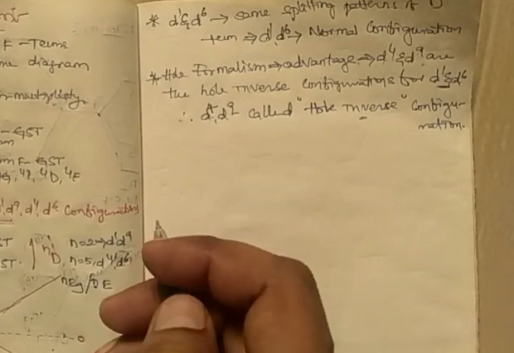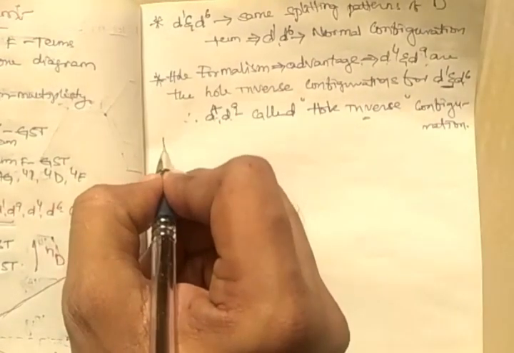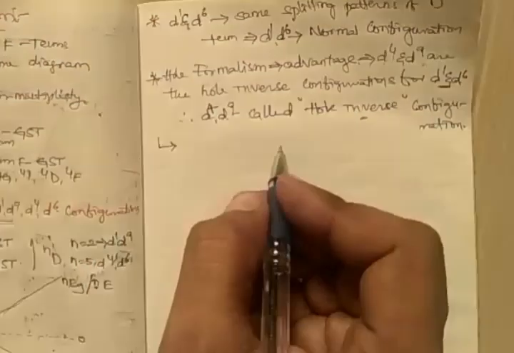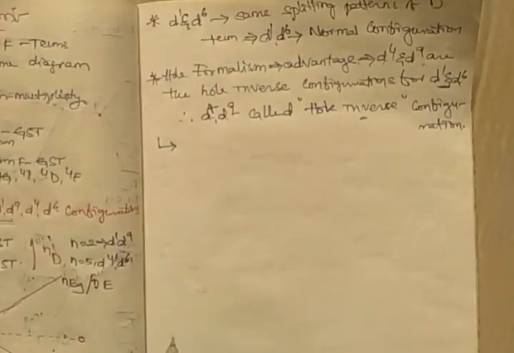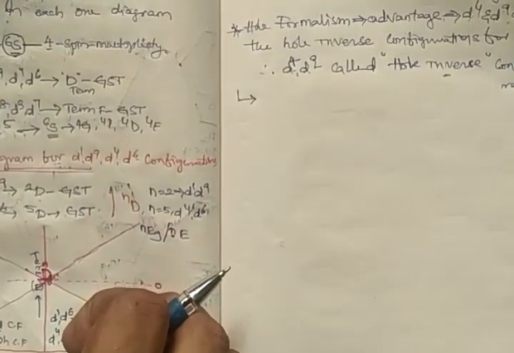So this is the first convenience we have seen: all the 8 diagrams are summarized in one pictorial diagram.